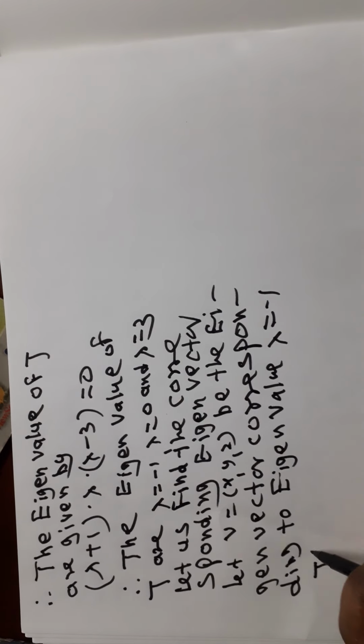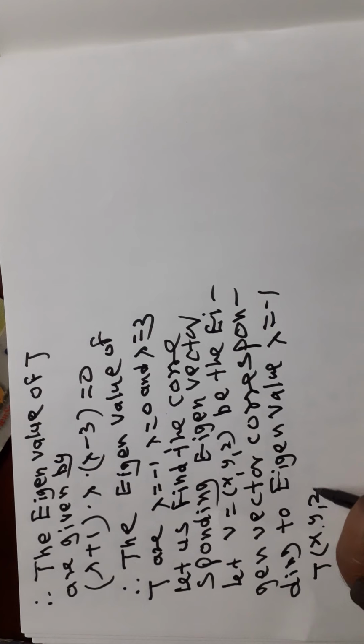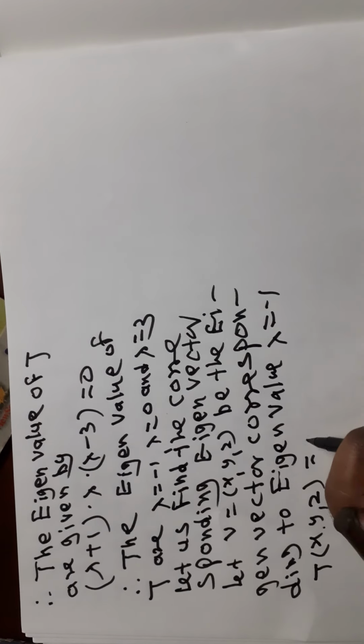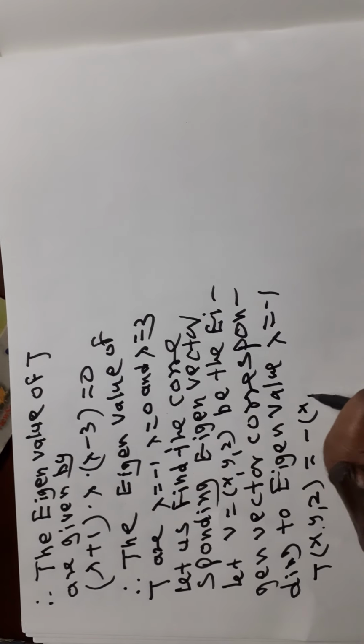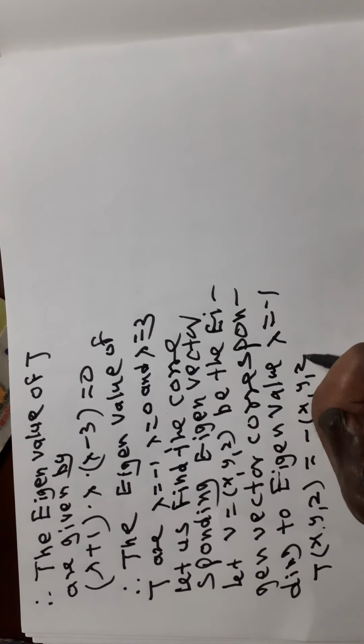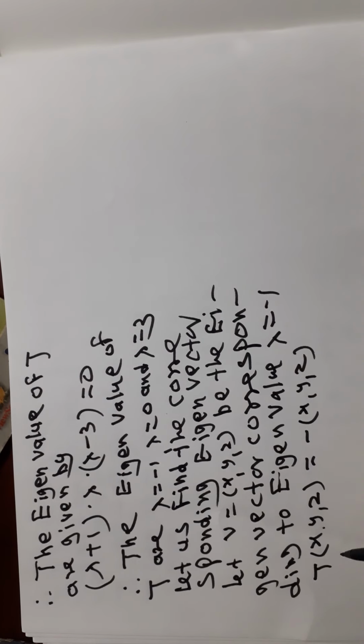Therefore, T of (x, y, z) is equal to minus (x, y, z), that is, T of (x, y, z) is equal to lambda times (x, y, z).